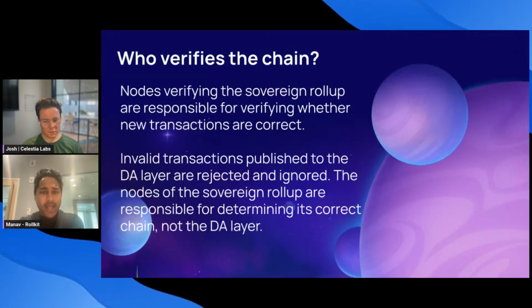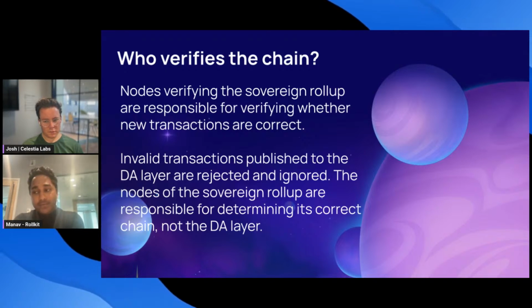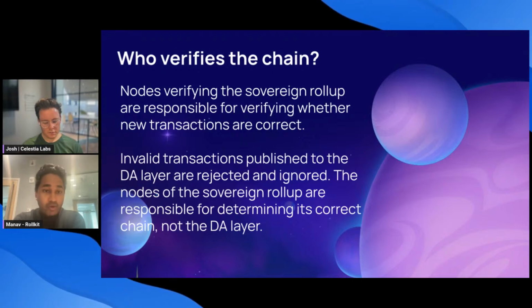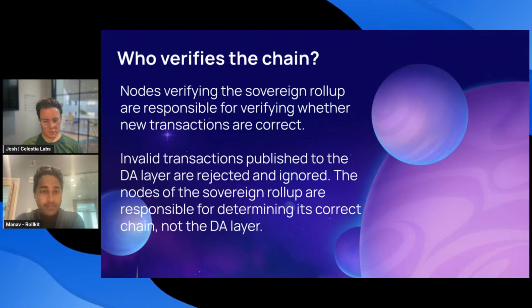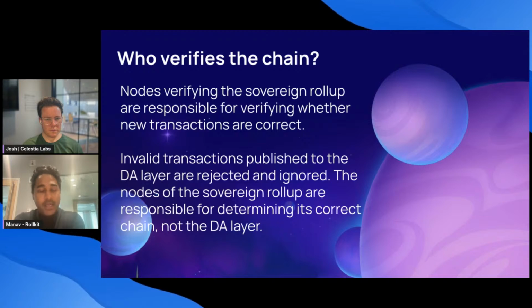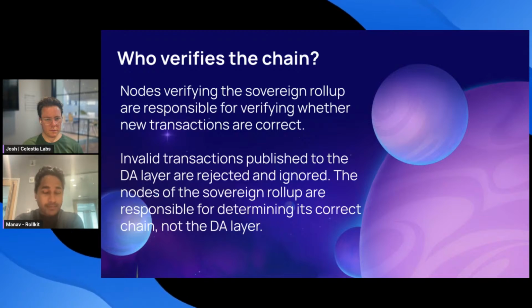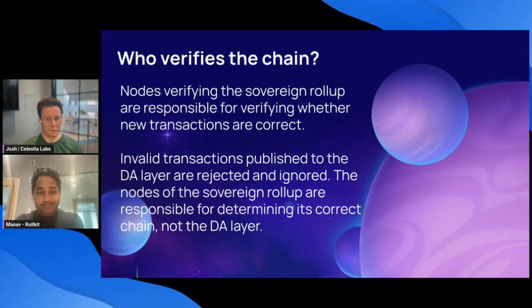And who actually verifies the chain? This is another difference. In a sovereign rollup, the nodes of the sovereign rollup are responsible for verifying whether the transactions posted on the chain are correct. If any invalid transactions get published to the DA layer, they're rejected and ignored by those nodes.